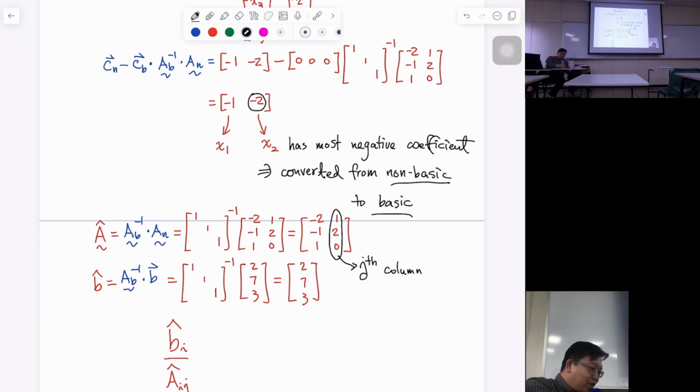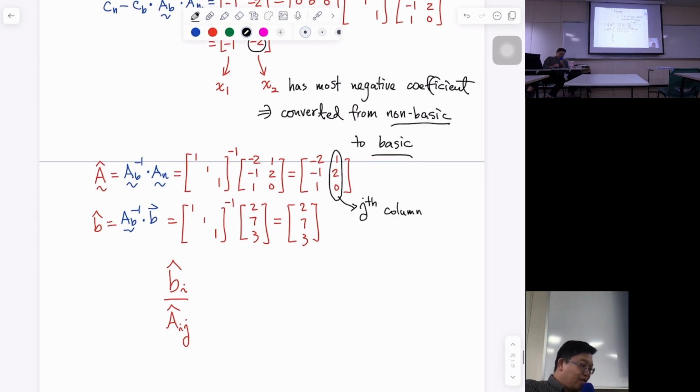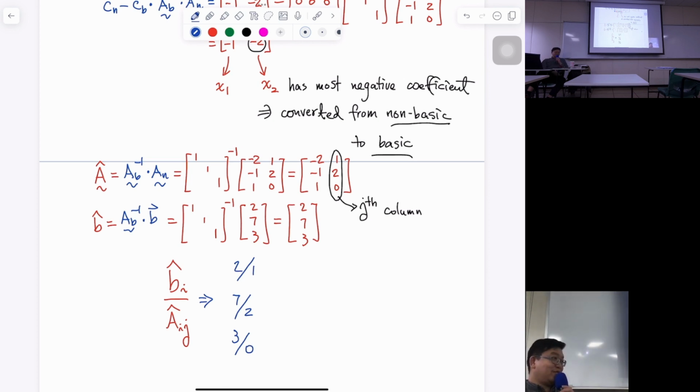So here, this means the second one in your A hat. Okay? So we are doing something like this. 2, 7, and 3 divided by 1, 2, and 0. Okay? So at the end, 2, 3.5, infinity, that's fine.